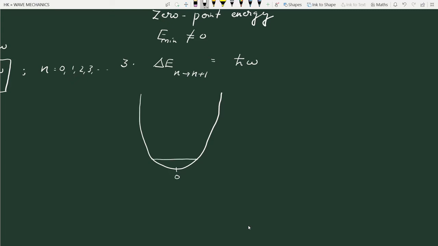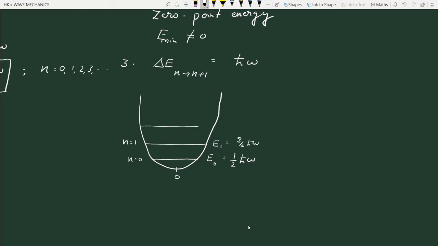This is the ground state energy, n equal to 0, E0 is half h cross omega. n equal to 1, E1, n plus half h cross omega, right? So 1 plus half, that is 3 by 2 h cross omega.